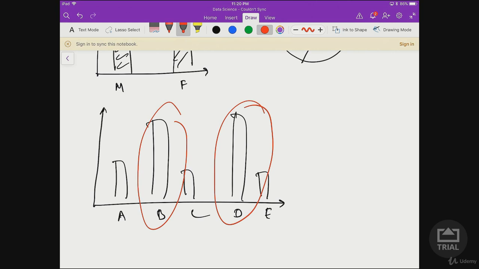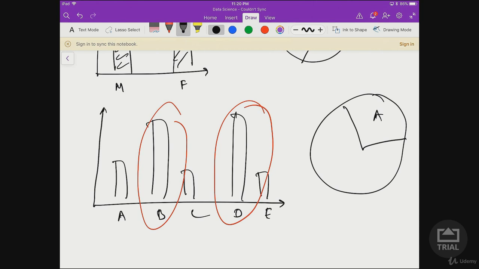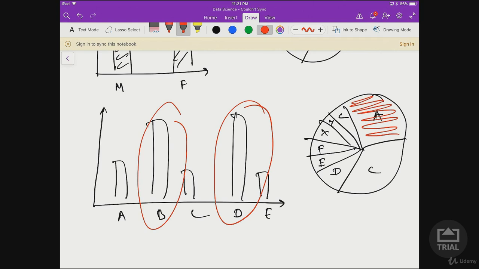If you do the same with a pie chart, you can see that, let's say, class A or class C have a larger chunk of the pie, and there are several other attributes which have a smaller chunk, let's say D, E, F, and X, Y, Z. We can clearly see that there's an important component over here, and there's an important component over here.